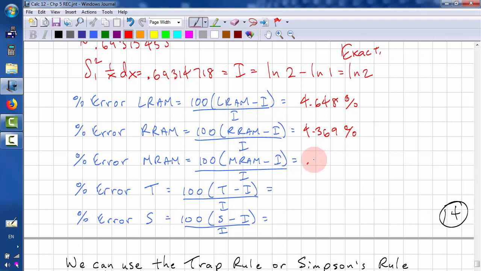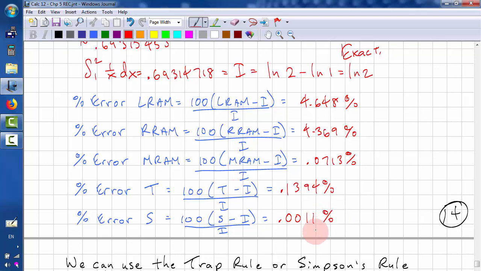So MRAM gives us 0.0713%. That's pretty good. TRAM, trapezoidal, 0.1394%. So you can see it's not quite as good as MRAM. Now, Simpson's Rule, 0.0011%.